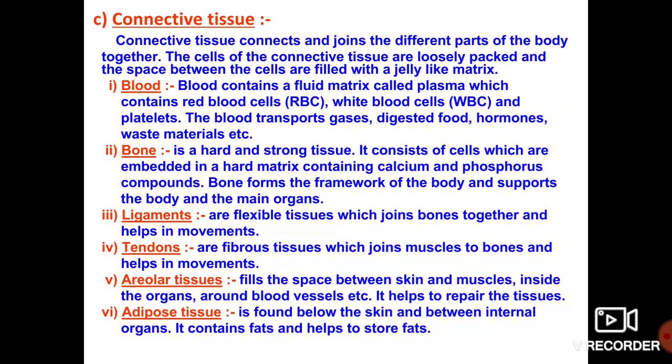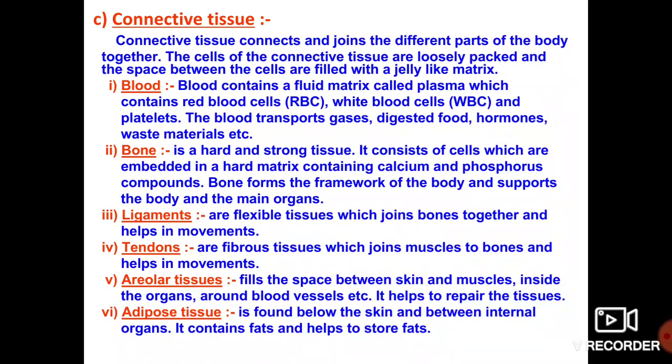One more very important thing, dear students: this adipose tissue plays a major role in storing fat materials in our body, and whatever fat is stored will be used in future if the body doesn't get a sufficient amount of food.